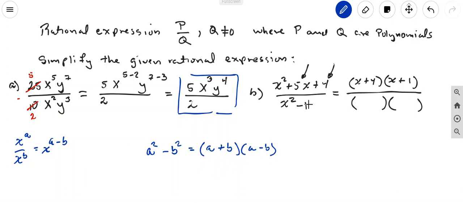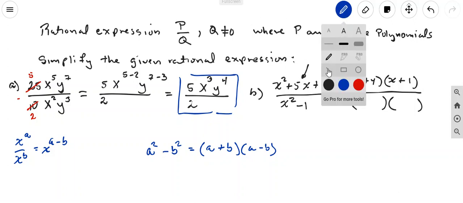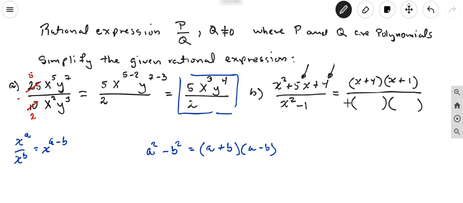So 1 is the same as 1 squared, so 1 is just the product of 1 times itself, right? So it's going to be very easy to factor this difference of squares. So I'm going to say factors of x squared, x and x, factors of 1, 1 and 1, and then one of the factors here will be positive, the other one will be negative.